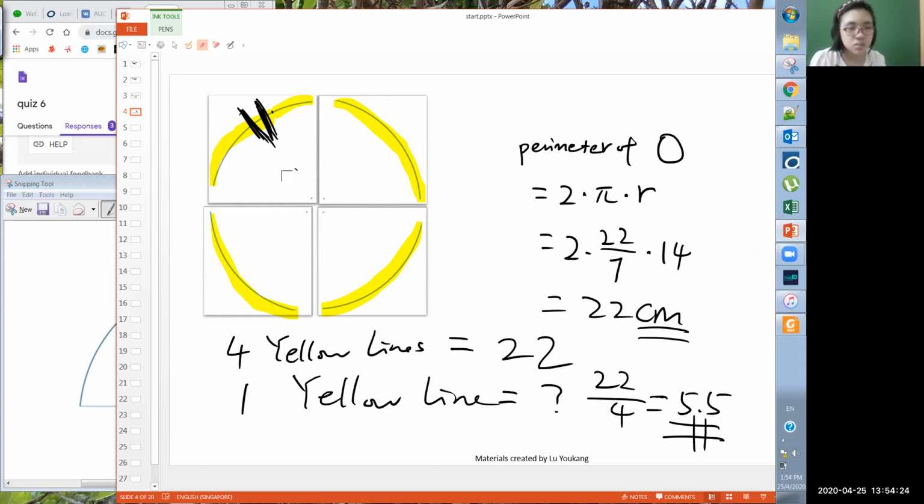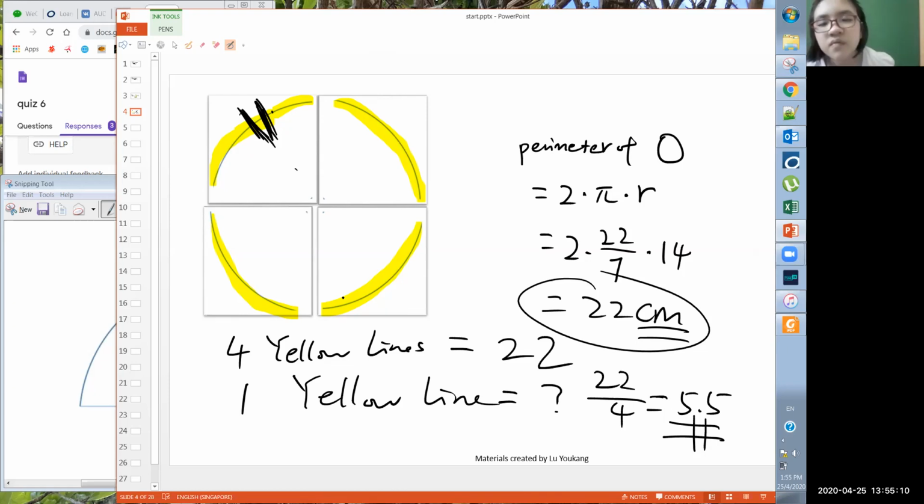Find the full circle, and then you count how many yellow. One quadrant is always 4. So you take the full circle and divide by 4. Very good. Repeat what you said.